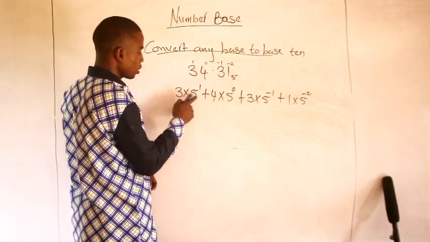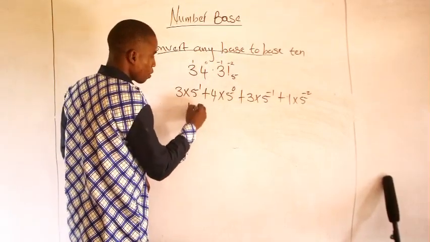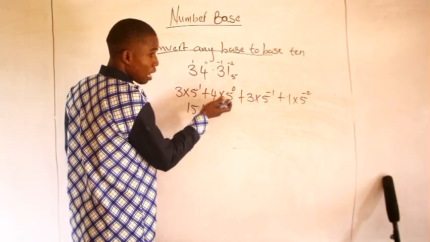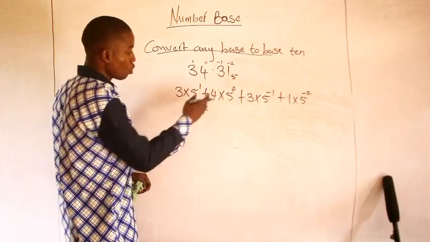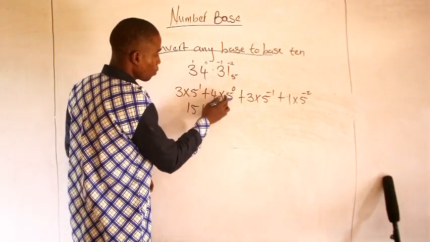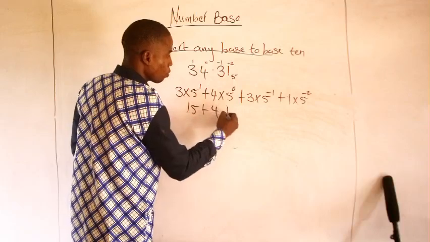Now this one will be, when you count, 15 plus 4, which is 19.